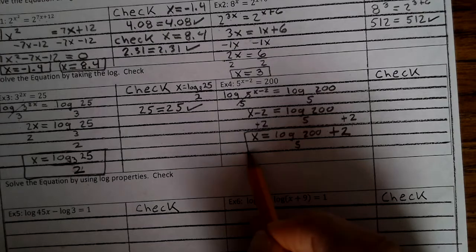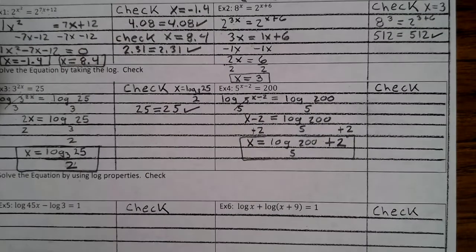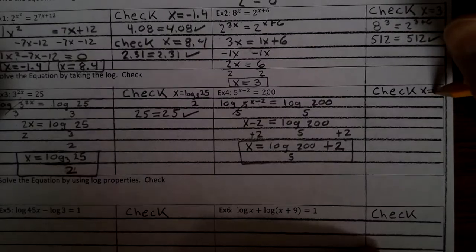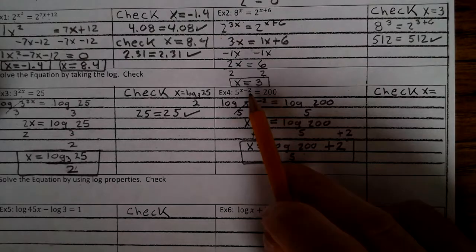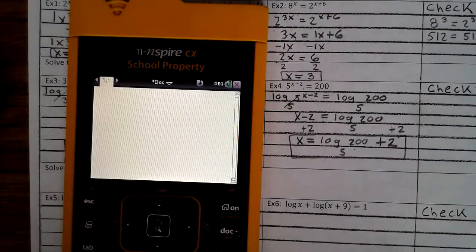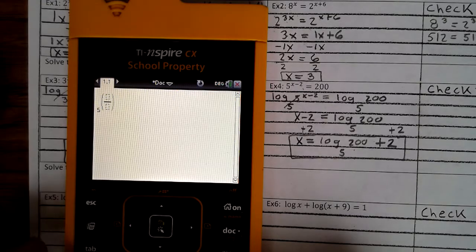Okay, so now we need to check. And I'm just going to put x equals. There's no space, but we know that this x equals is what we're checking. We're going to plug this in for x. Now that seems complicated, but we have our calculator, so we're going to do that. So let me delete the previous problem. So we do 5 up key, and now parentheses, control log base 5 of 200.